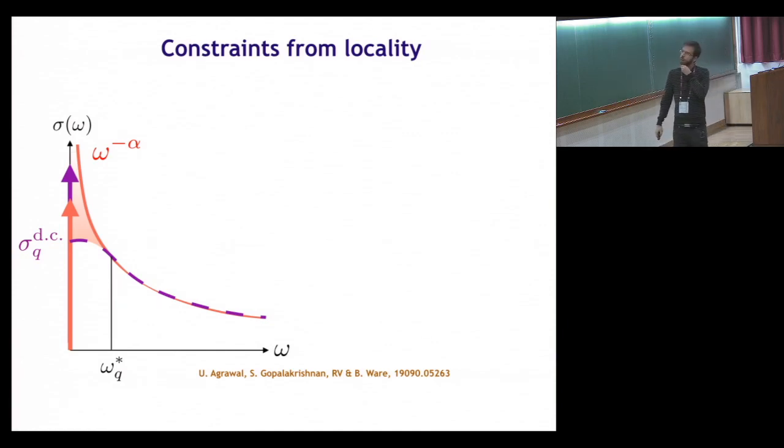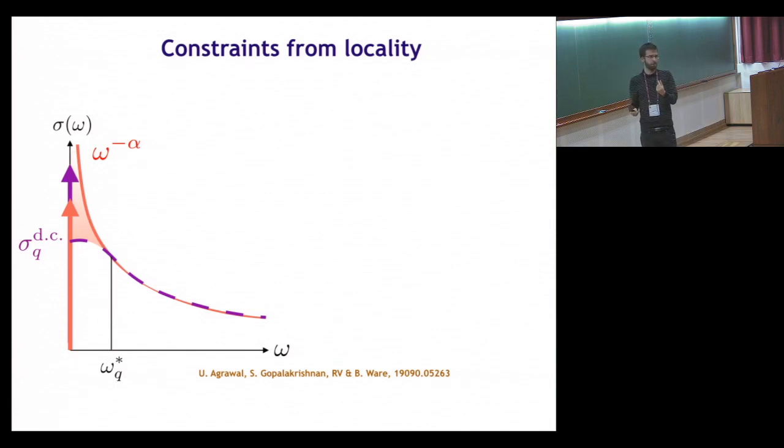So what I'm arguing is that the spectral weight has to be conserved. Okay, so it has to go somewhere. So as you take better and better rational approximants, this Drude weight is going to lower and approach this. Okay, so you lose spectral weight at the origin. The spectral weight has to go somewhere. That's the argument. The spectral weight is conserved, and it can only go to low frequency.